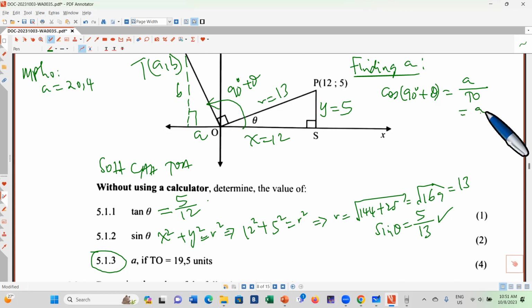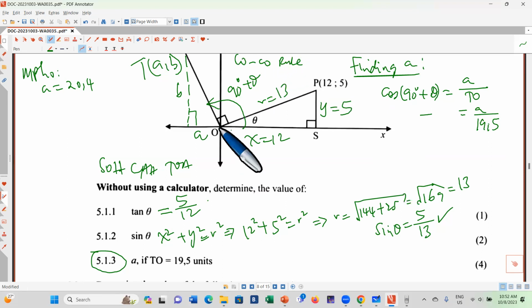Okay, we want A, the TO is what? TO is 19.5 units. In which case, the cosine of 90 degrees plus theta is the same as what? 90 degrees plus theta is in the second quadrant, and the cosine is negative, but it changes to its co-function in view of the CAST rule.